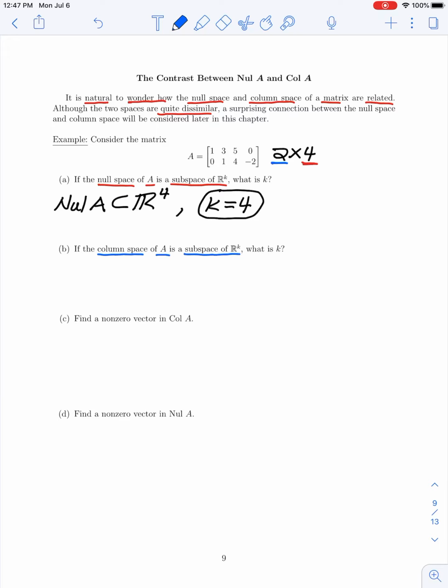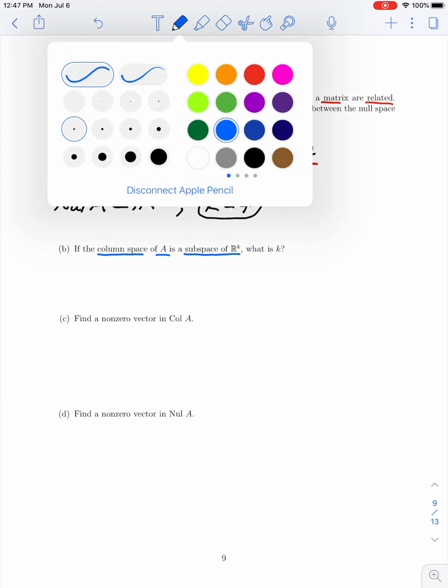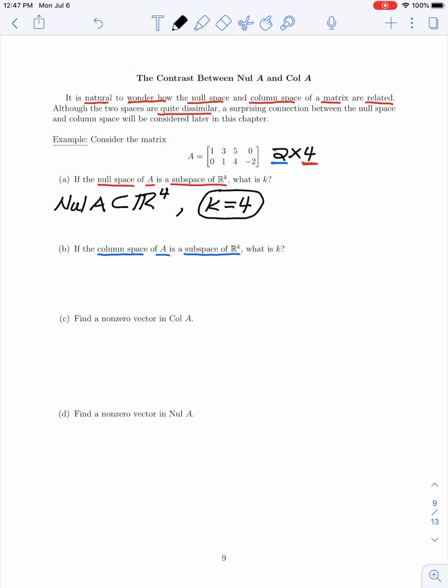So we're looking at a space spanned by 2-dimensional vectors, which would be a 2-dimensional space. So here, the column space of A is a subspace of R2. So the value of K that we're interested in here is 2.